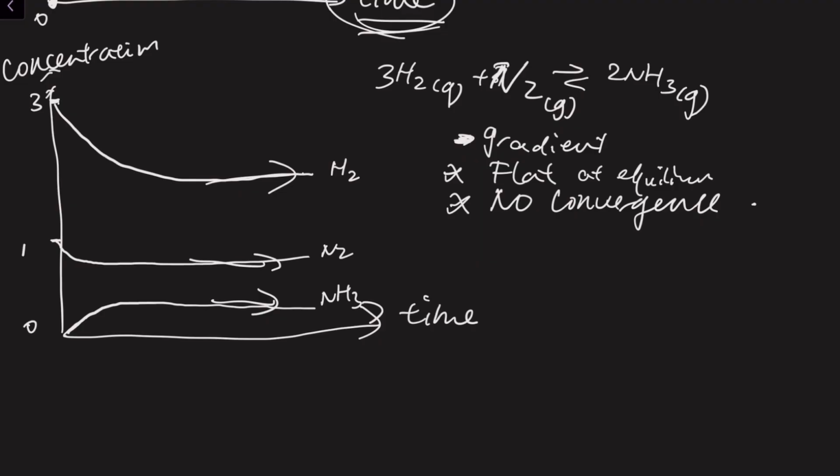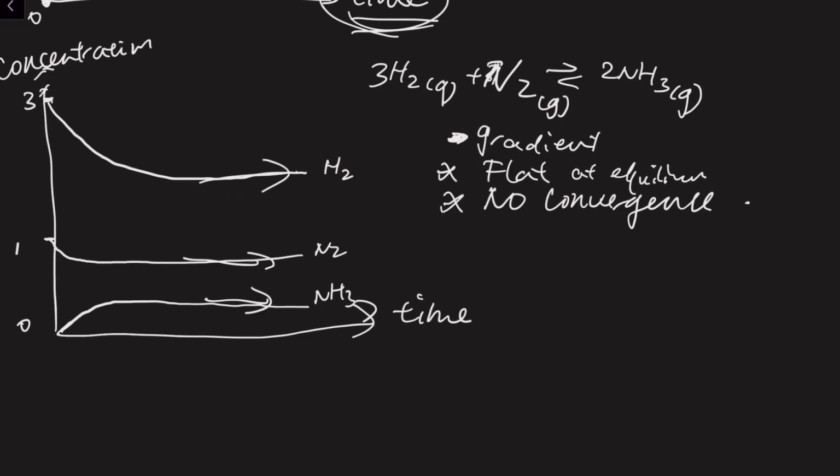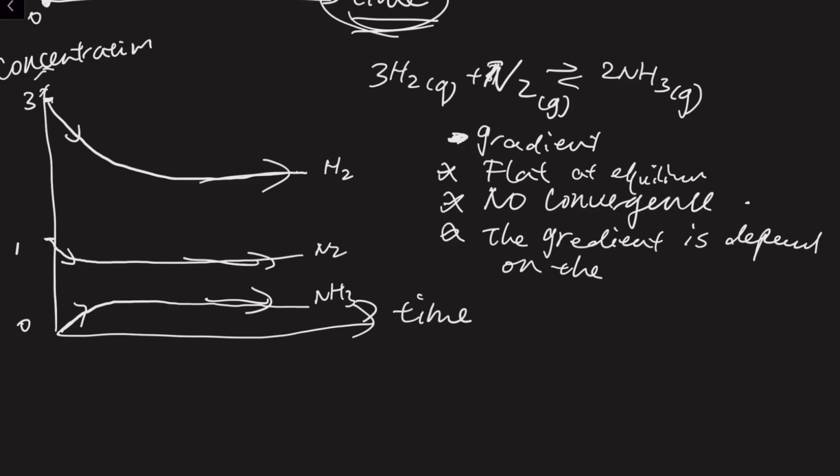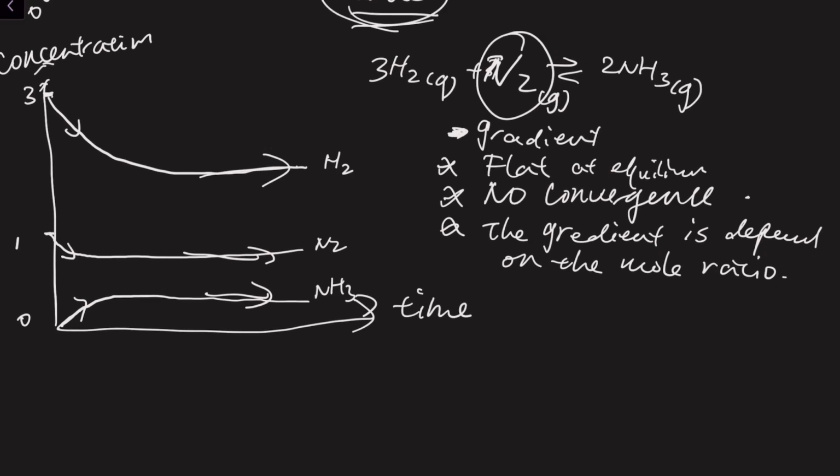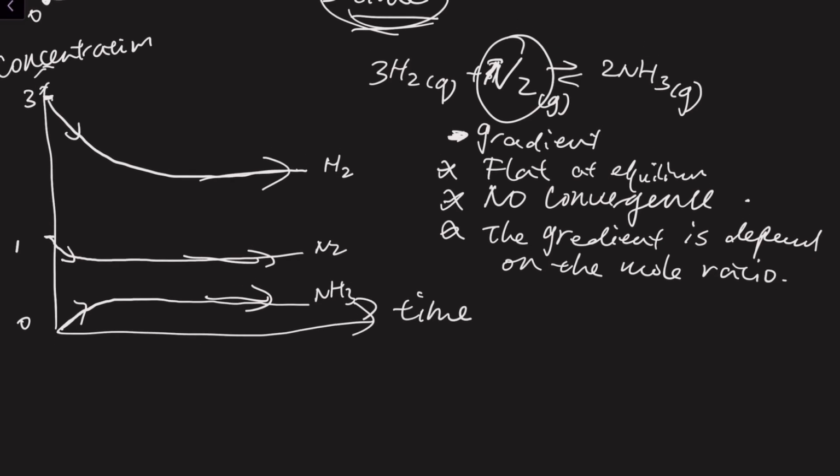And the third point is very, very important. So during this initial section, the gradient is actually dependent on the mole ratio. We can take the mole ratio of nitrogen gas as a baseline because the coefficient is 1, so it's very easy to compare.